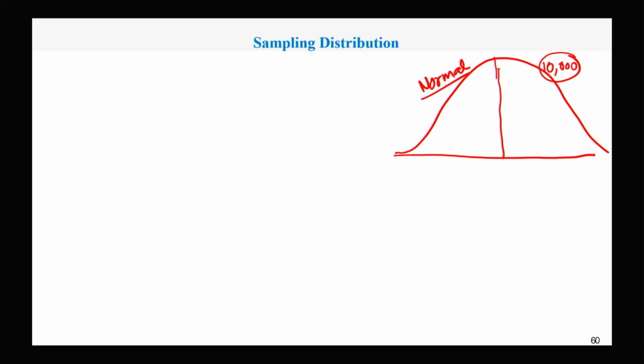What we are doing is taking a number of samples, each containing 20 readings, 20 data points, randomly.